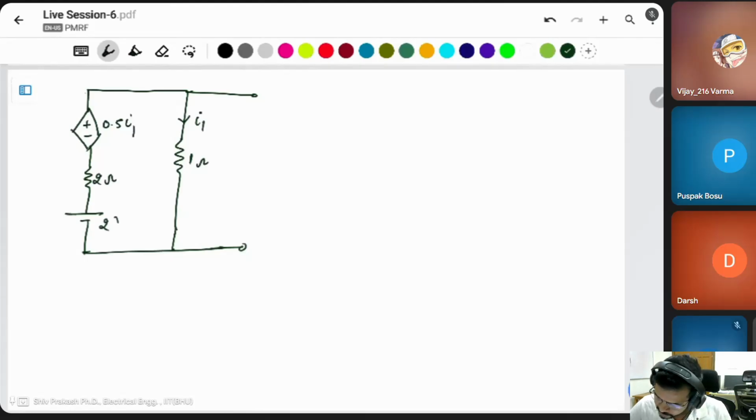Then these two are connected in parallel. What is the combination of these two? 4 into 6 divided by 10.